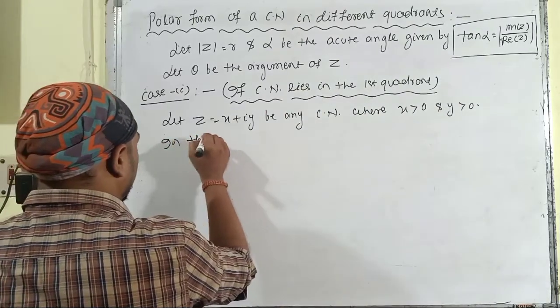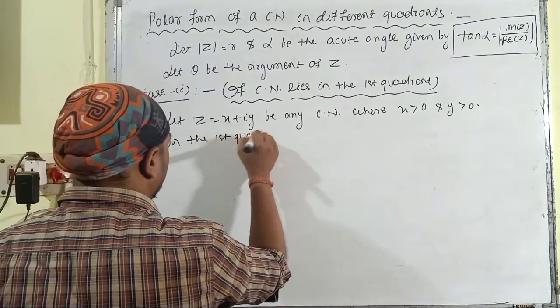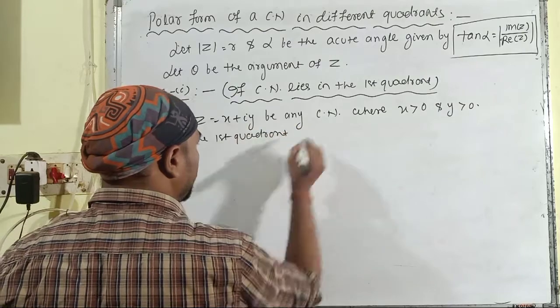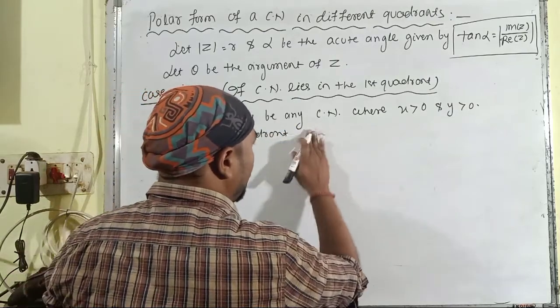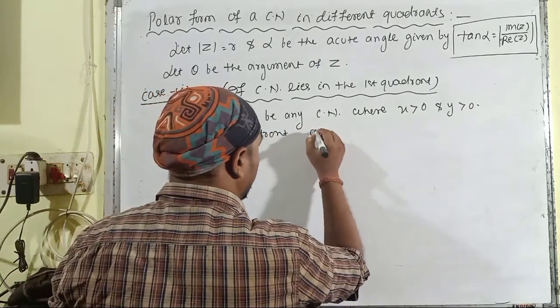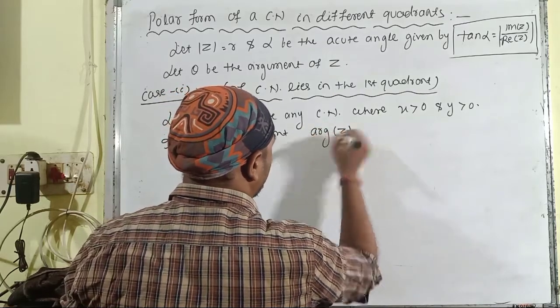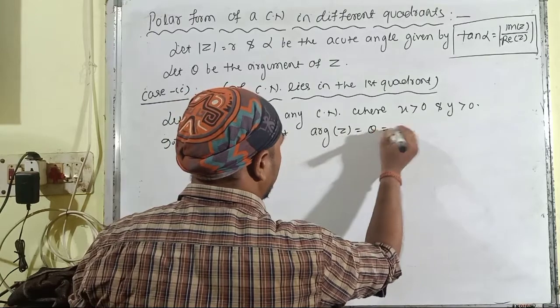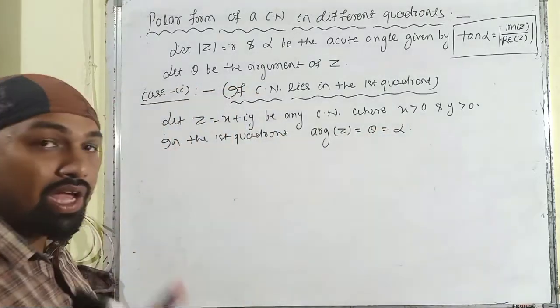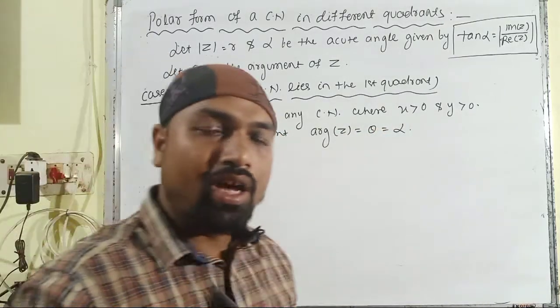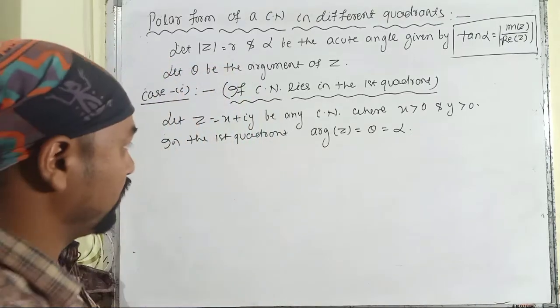In the first quadrant, the argument theta is equal to alpha, and we have already discussed this in the argument of a complex number topic.